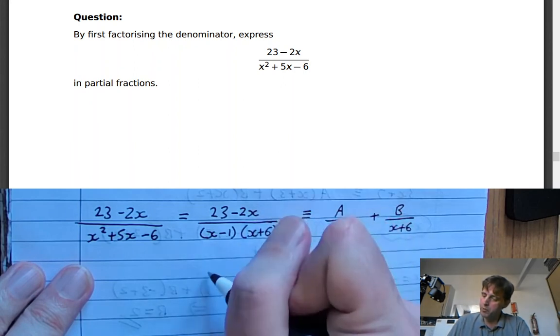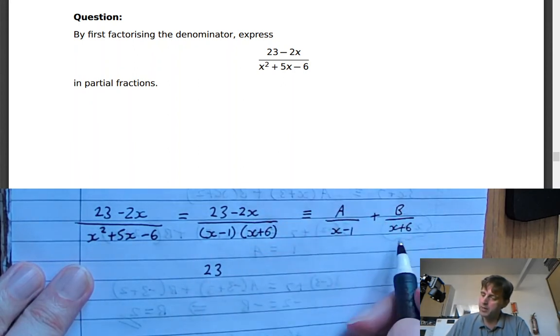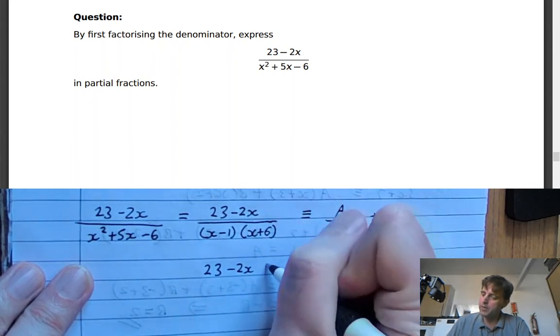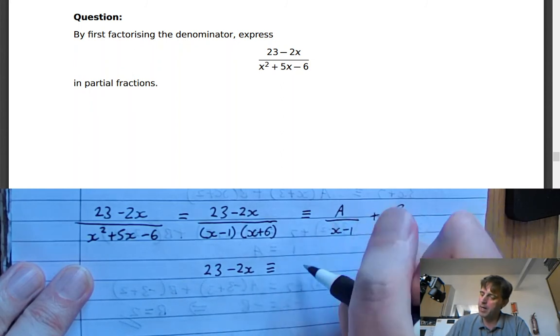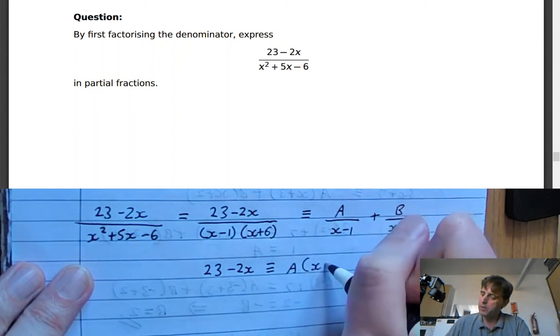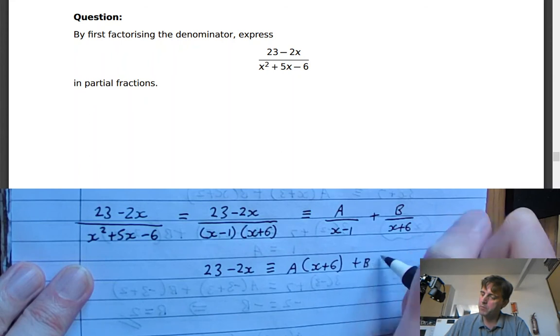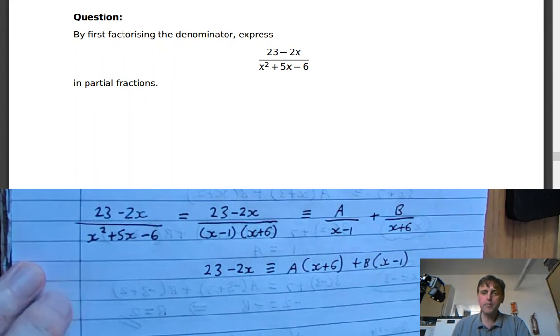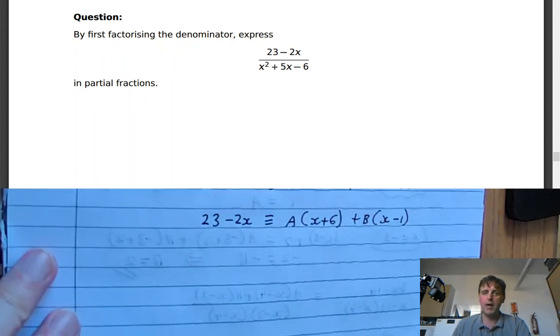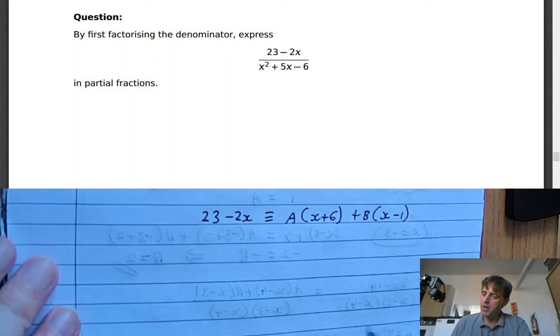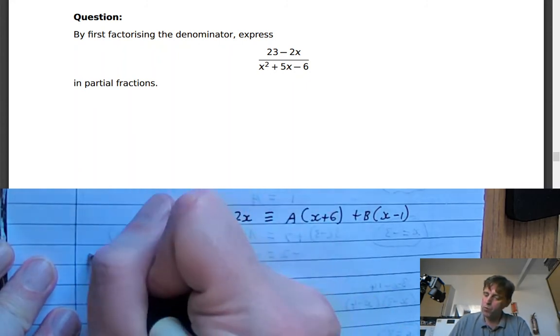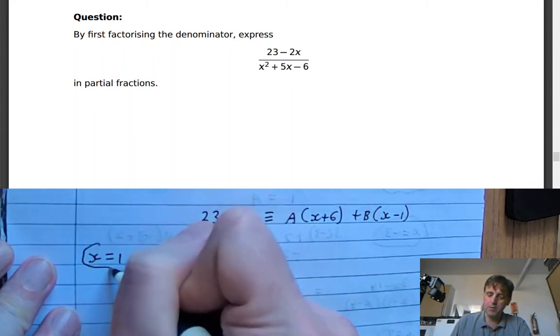So if we look at the numerators after we've combined these fractions together, we should see that 23 minus 2x has got to equal a times x plus 6 plus b times x minus 1. What should we choose for our x value if we're going to substitute in? Well, substituting in x equals 1 is going to be a good thing to do.